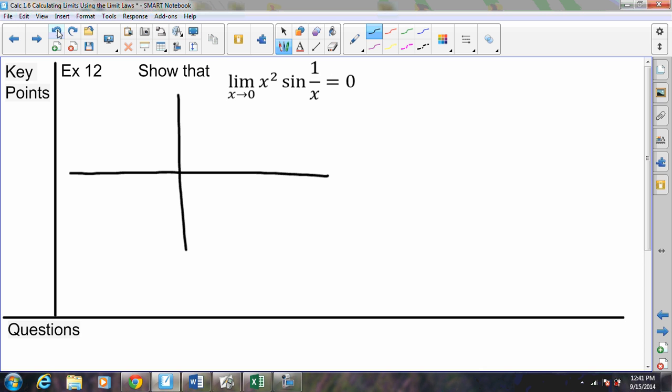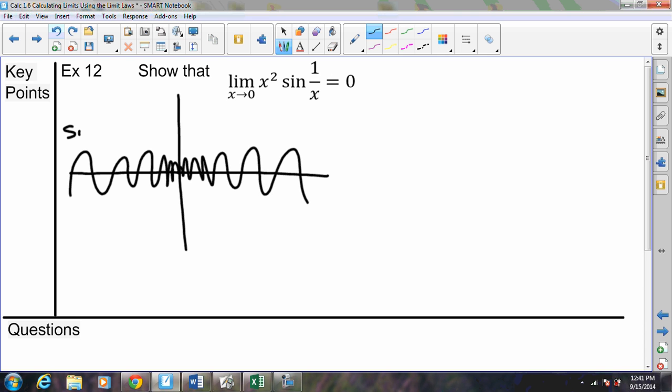Well, actually, it had something that was kind of messed up like this. And we discussed before that if we just look at certain x values, it looked like it was going to go to a 0.